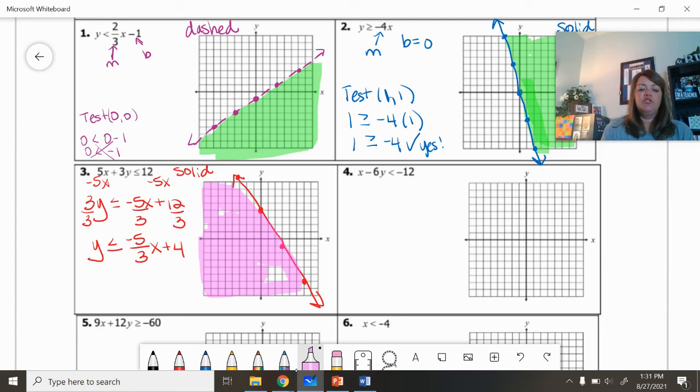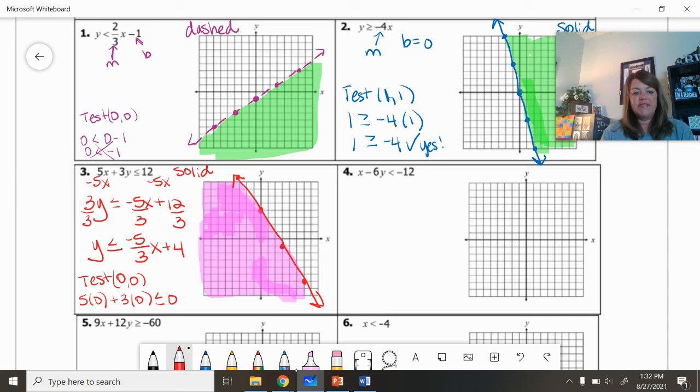And if you want to do a test point and make sure you shade it on the right side, 0, 0 would be a really easy one to do here because 0, 0 is right there. So I can test 0, 0. I'm going to go back to my original equation. 5 times 0 in for x plus 3 times 0 in for y, is that less than or equal to 12?